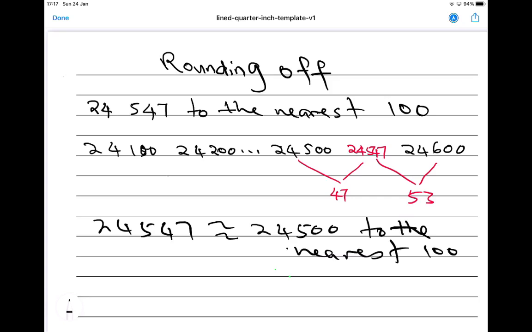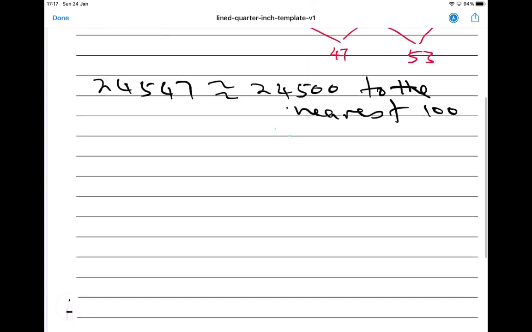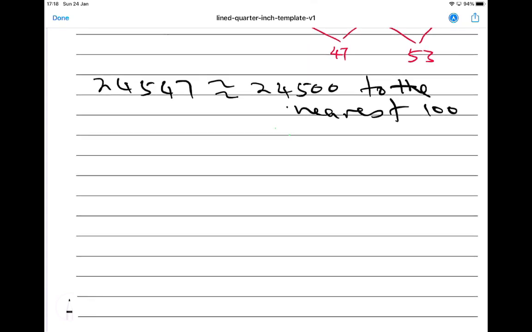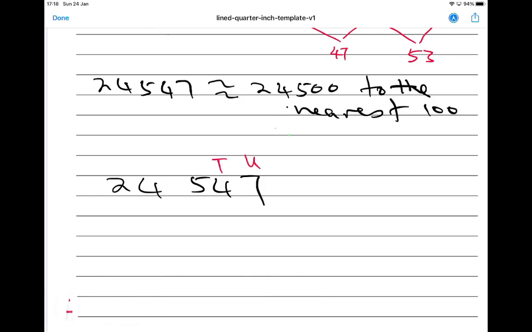All right. Let me show you the other method. The other method which we really prefer, I think, is this one here. You need to remember that these are units, these are tens, these are hundreds, these are thousands, and these are 10,000s.